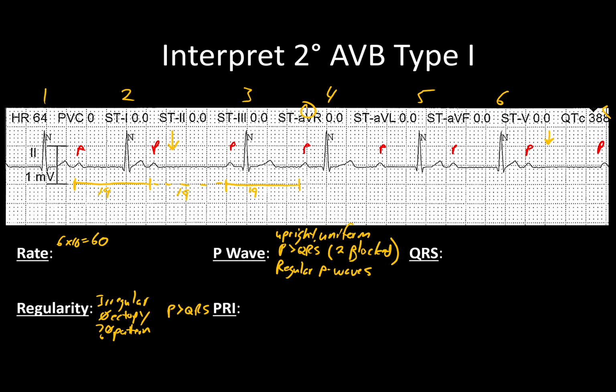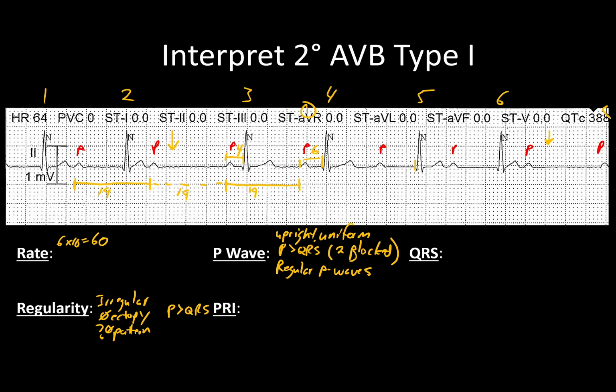Next part is going to be the PRI, so we need to measure that. And we'll start with this first one here, and I'll actually mark this one above. And we'll make that 4 small boxes. Mark you here and here. And that's going to be 6 small boxes.